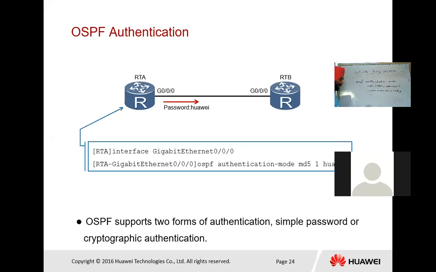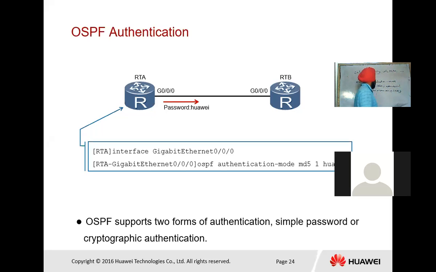In that case, plain applies a clear text password, and cipher applies a cipher text password to hide the original content, and null indicates null authentication.